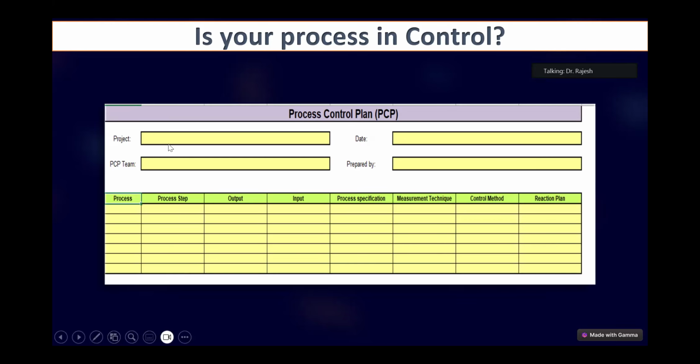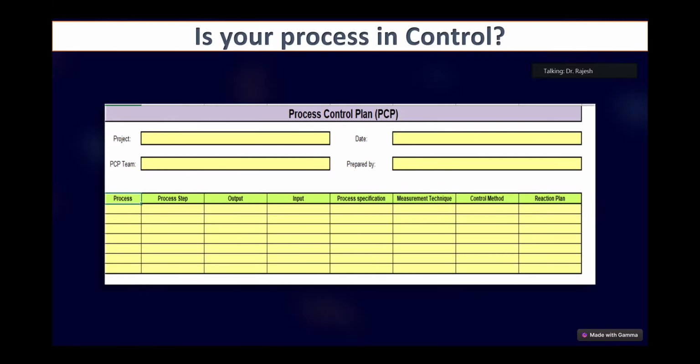In this template, we give a name for the project, which team is going to work on it, the date, and who is preparing it. Then I write down the process name and process step, my process input, my process output, process specification and measurement technique, then control methods, and then the reaction plan.